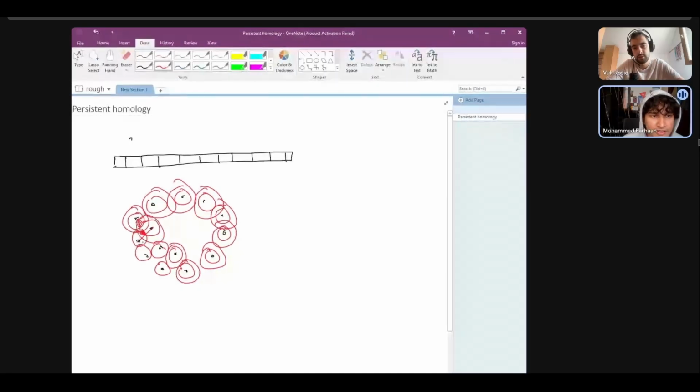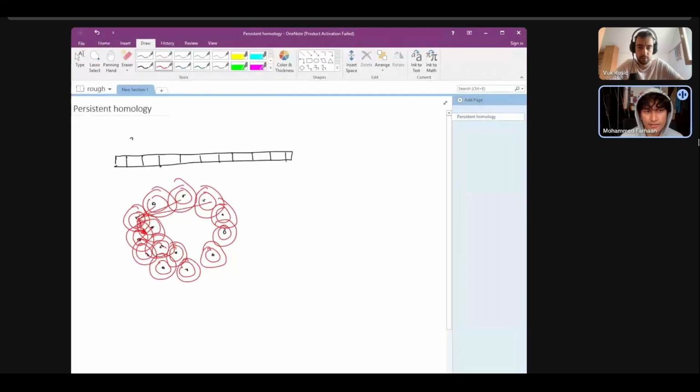Now, the issue with this is, obviously, the more you expand, the more everything gets connected. So at some point, everything is going to be connected to everything else, right? So it's going to be a huge mess of connections everywhere.